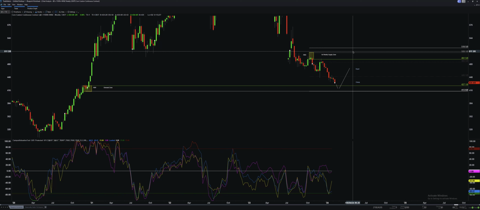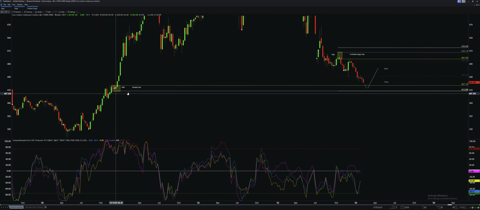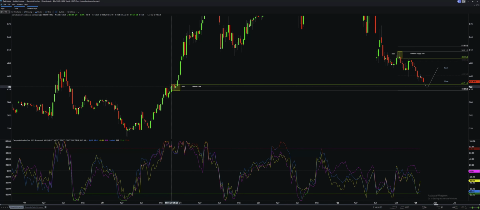If we use the same zone qualifiers on the weekly, they meet the test, right? The freshness: we haven't entered the zone on the weekly. The departure: we've got 1 to 1, 2 to 1, 3 to 1, 4 to 1, amazing. The departure test is fine. If I look at originality, now I'm looking to the left for entry.